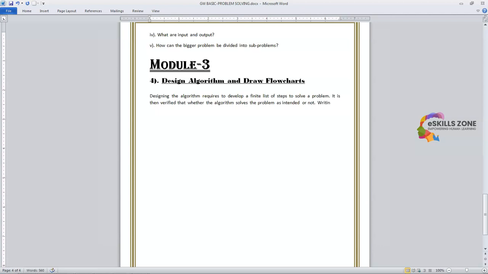Writing the algorithm is often the most difficult, I'm going to underline it, part of the problem solving process.